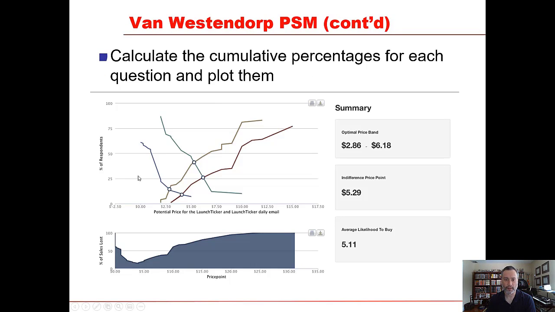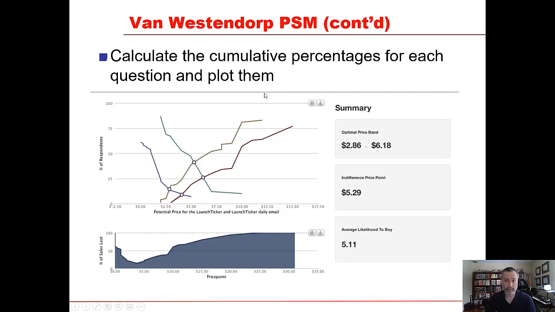Now, from those 4 questions, you create a chart. The chart consists of 4 lines, and each line represents a cumulative percentage distribution for each of those questions. In other words, what percentage of people have said that the product was cheap up to a certain price? What percentage said that the product was expensive up to a certain price, etc. It involves a little bit more than just plotting those lines, and we'll talk about that in the upcoming slides.